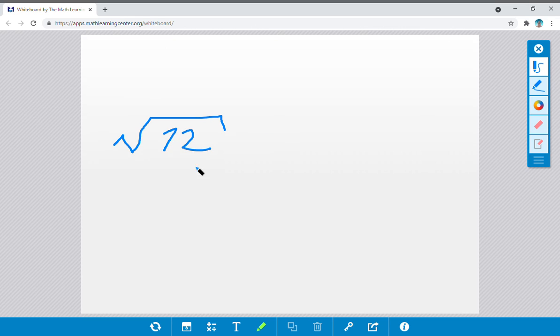First, because there are no numbers in any table which are the same and equal to 72, we will prime factorize it like this. 2, and this is 36. And we'll prime factorize 36 into 3 and 12. And we'll factorize 12 into 3 and 4. And we'll prime factorize 4 into 2 and 2.